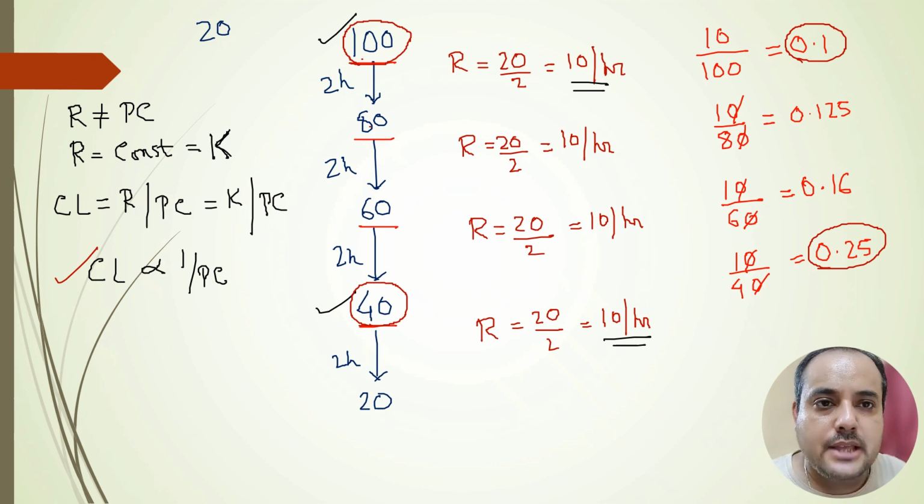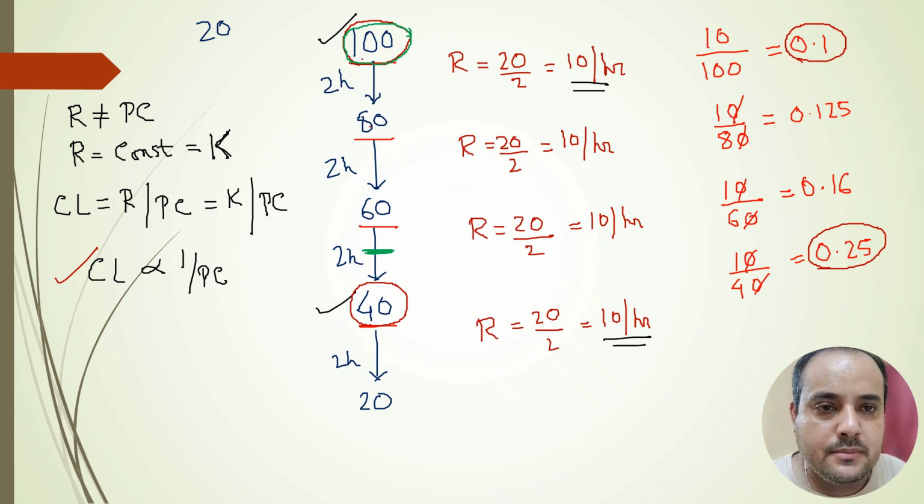Now let us see what is happening to the T half. As I've already told you, 50% of the molecules are lost in T half. So if you see here, this is what I started off with. If I have to lose 50 molecules, then it will be somewhere between 60 and 40, so somewhere around here, halfway.